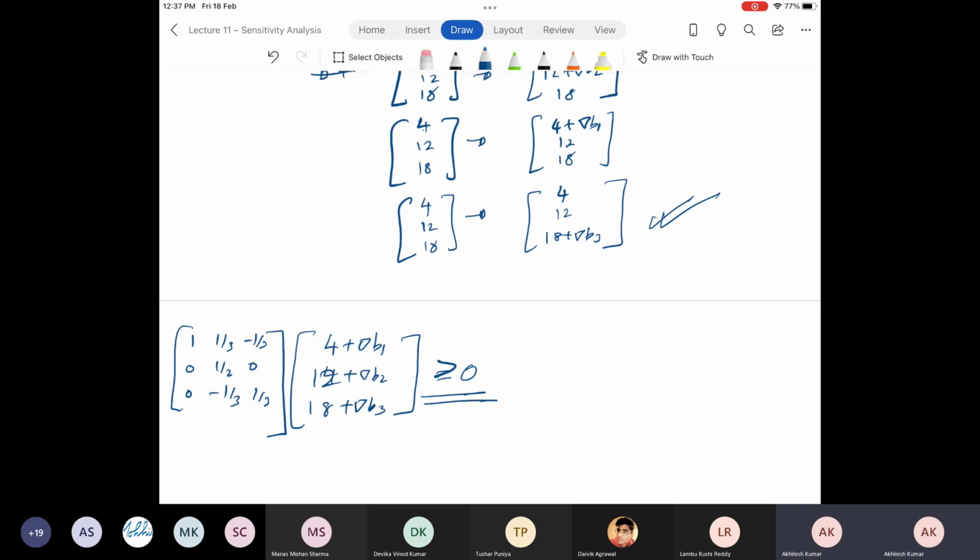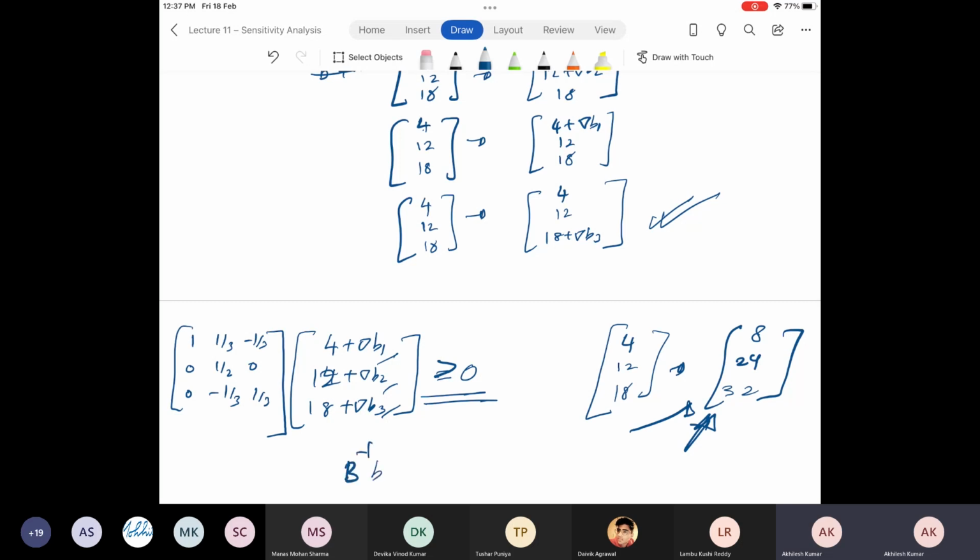But there are situations, this is for allowable range. If I give you 4, 12, 18 changes to 8, 24 and 32, here I'm not asking for allowable range. What you need to do here? I'm already giving you the values which I have changed.